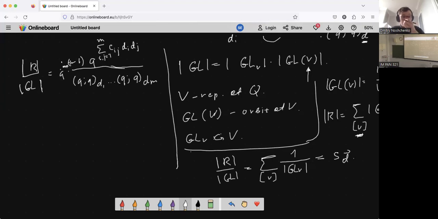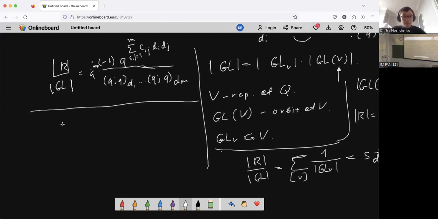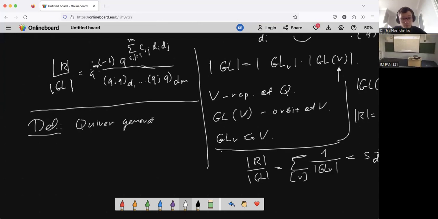But eventually we want to get rid of all the rest, and we want to write the generating series that we wish to study. So now basically the main definition of a quiver generating series, which we denote by the letter P, sorry.